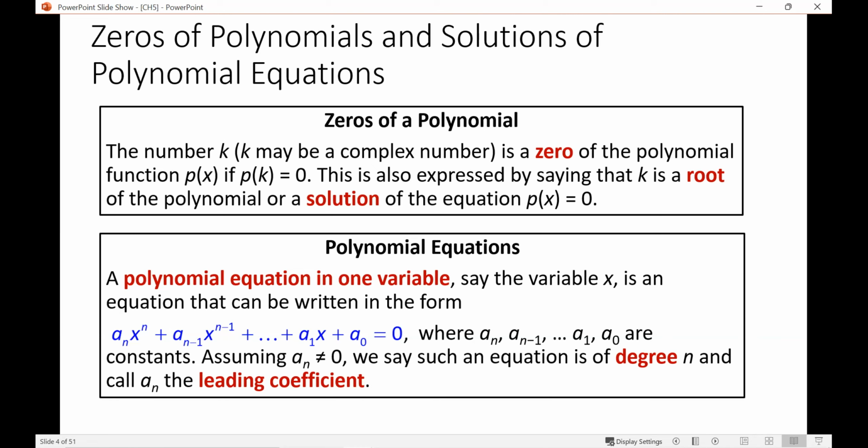The reason the a's have those subscripts is just to let you know which coefficient they are. Each of the a's are just the coefficients to each of our terms, and the n's are the exponents or the degree of those terms. We always want to write our polynomials like this in descending order so we can see what our leading coefficient is.